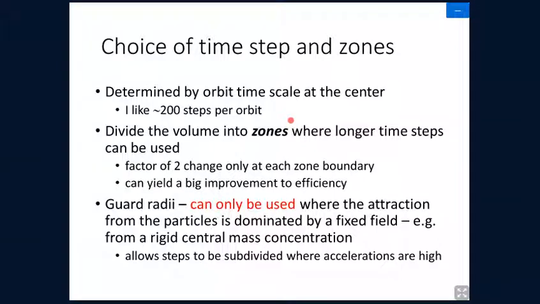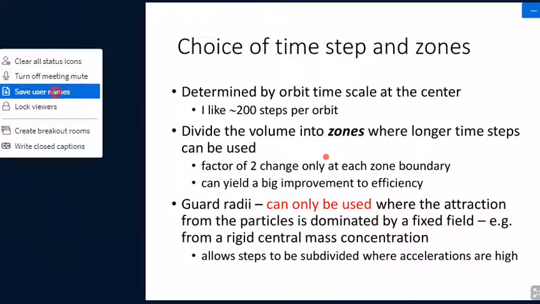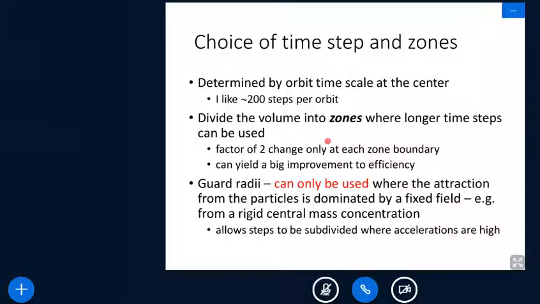When a particle crosses the boundary between one zone and the other, it changes time step. I would recommend only a factor of 2 change at each zone boundary, but by having 5 zones, for example, particles in the outer part of the grid move on time steps 32 times longer than those in the inner part. It speeds up the calculation very significantly if you do that.